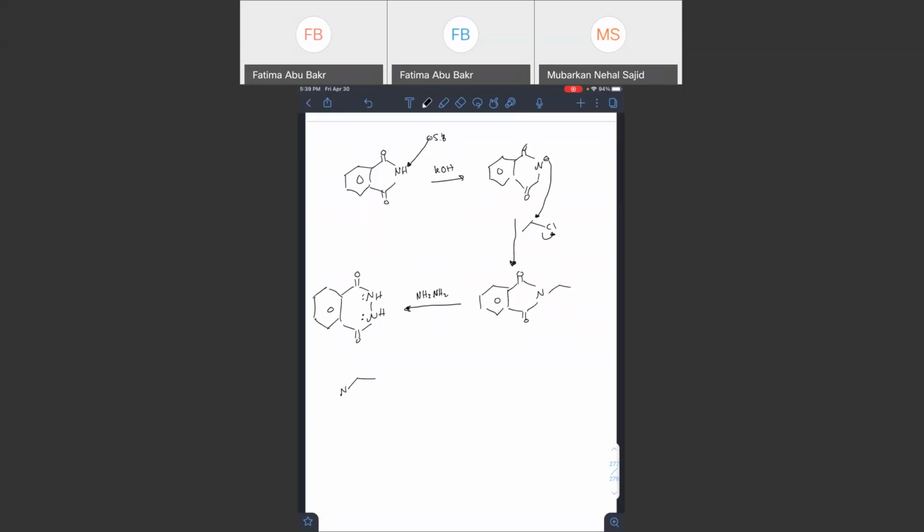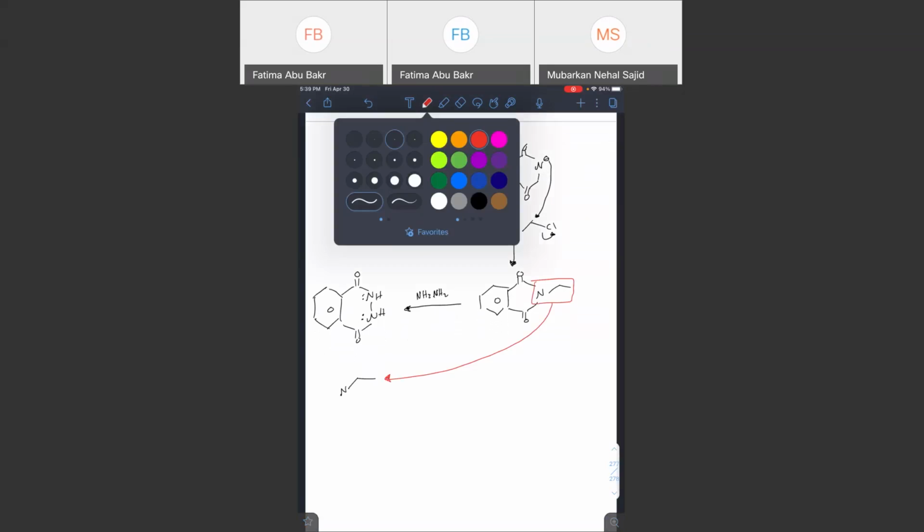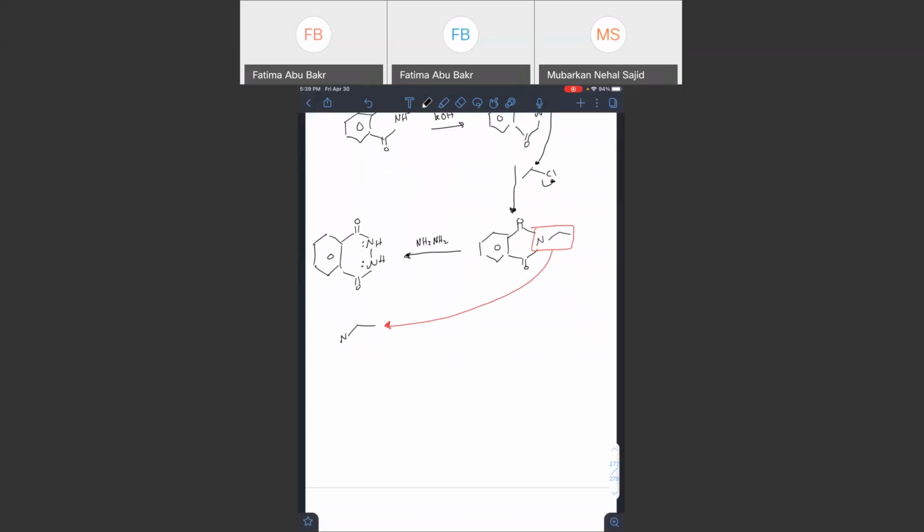Think of it that way: break this off and then insert in its place 2 nitrogens. The result here is going to be NH2. Okay, so that's a really important step that we'll talk about a little bit more.